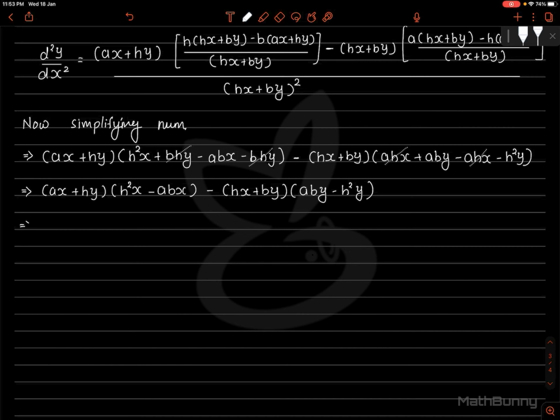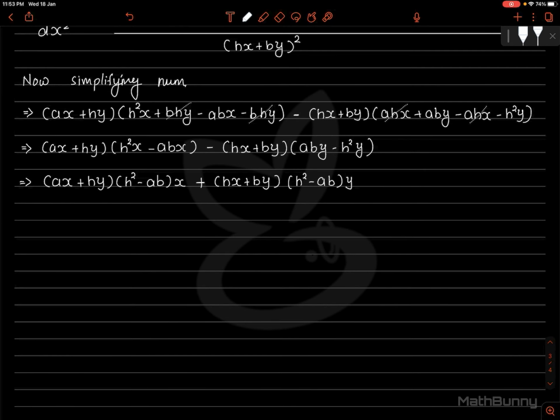Let us take them common. (ax plus hy) into (h square minus ab) into x minus, let us take minus out from here, so it would become plus, (hx plus by) multiplied by (h square minus ab) into y.